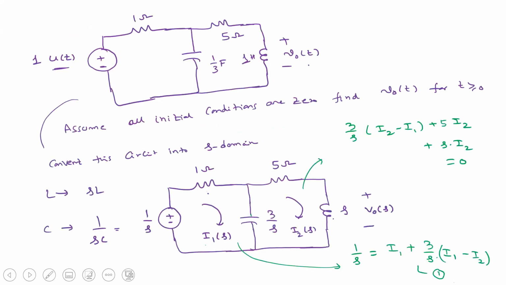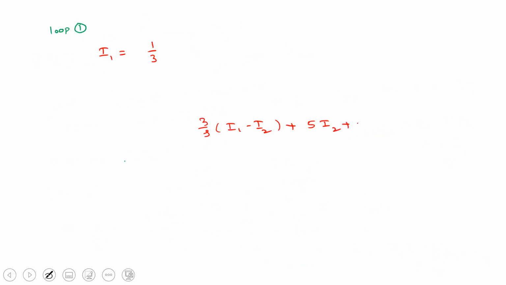So what is the value of I1? We have another equation: 3 by S into I1 minus I2, plus I1 equal to 1 by S, and 5 I2 plus S I2 equal to 0.